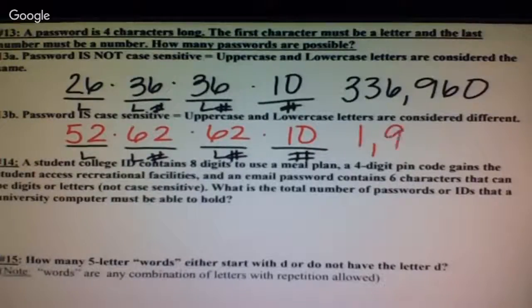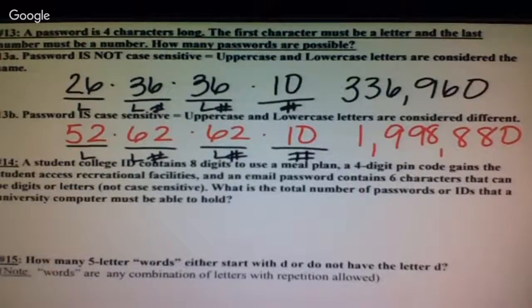There's now 1,998,880. This is why they require your passwords to have an exclamation point, or at least one uppercase letter. It gives more security, because the more options the hackers have to try, the harder it is for them to break in. Not really anymore, because we live in an age of technology, so they can have the computer do it.